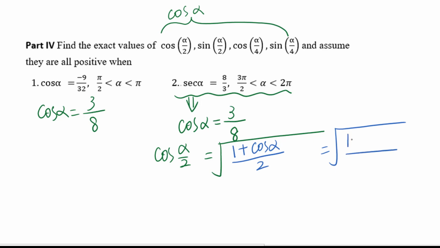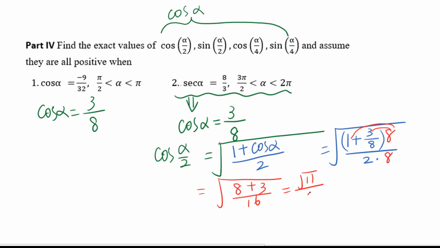That is 1 plus 3 over 8, over 2. So top and bottom, we need to multiply by 8. Then you will get square root. This is a distributive property. That is 8 plus 3 over 16. Square root of 11 over 4. That is cosine alpha over 2.